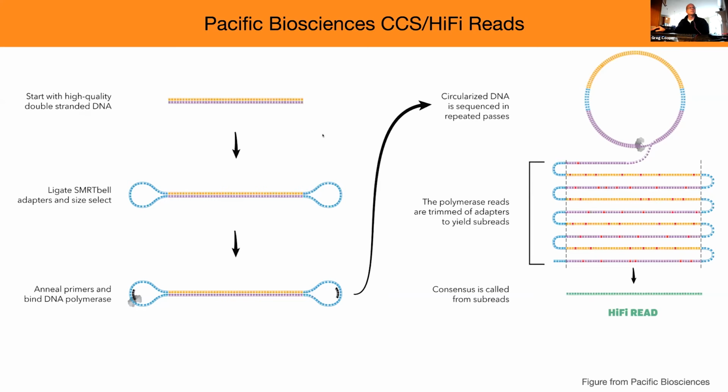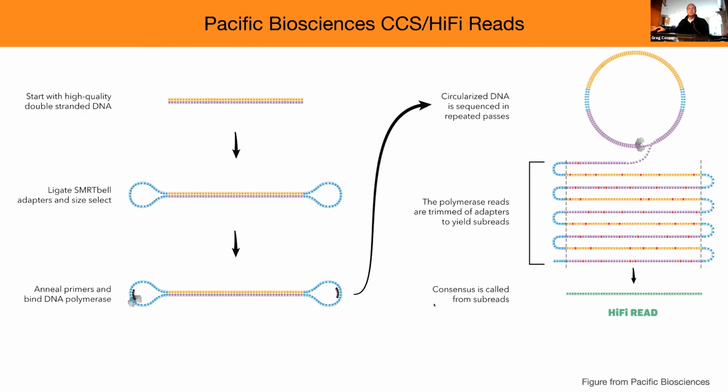The way CCS gets around this challenge is that they start with these long high molecular weight fragments. They attach adapters to them, which basically circularize the molecules. Then instead of sequencing one long molecule one time, the polymerase loops over that circle over and over again. You can see here what you get is this looping where you're reading the same positions repeatedly.